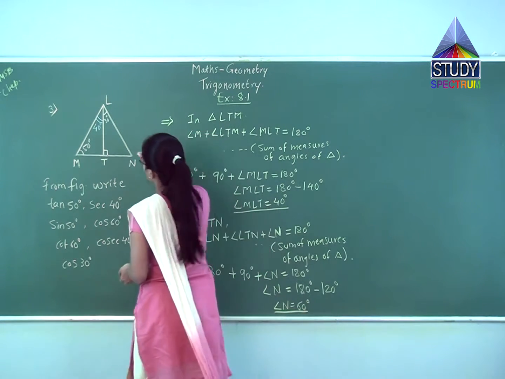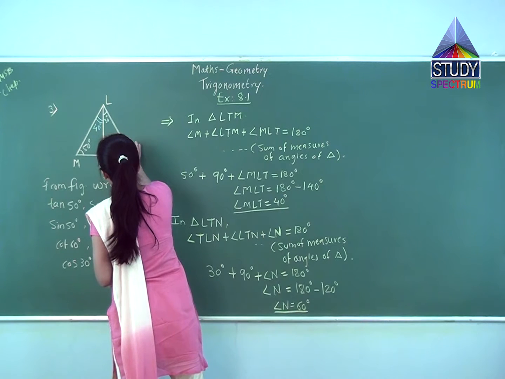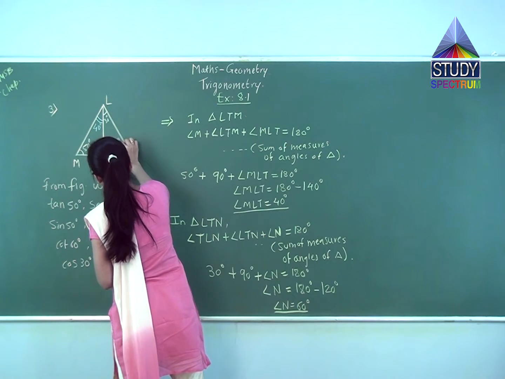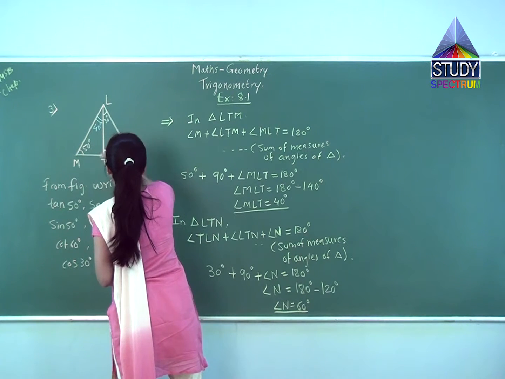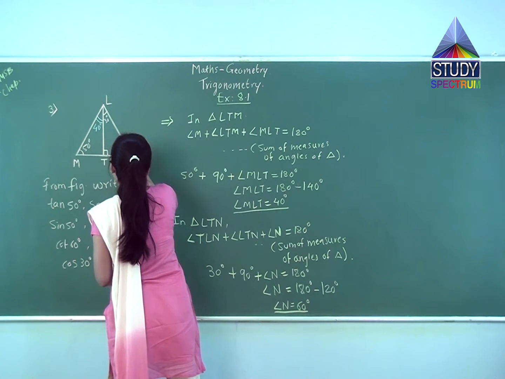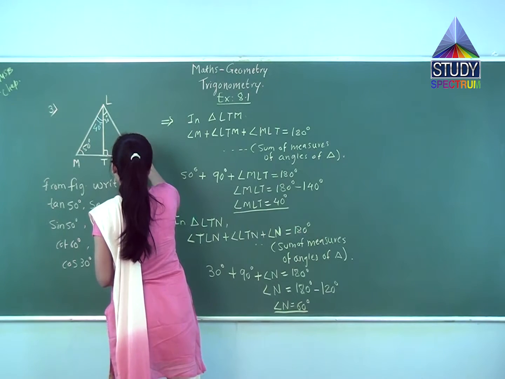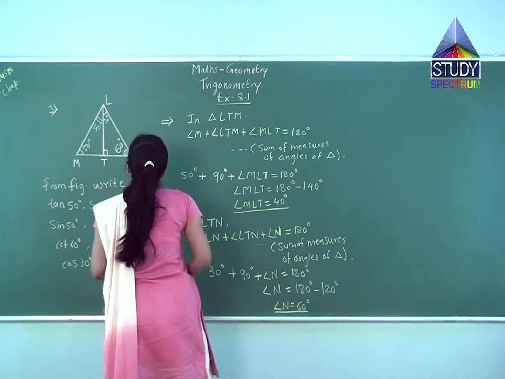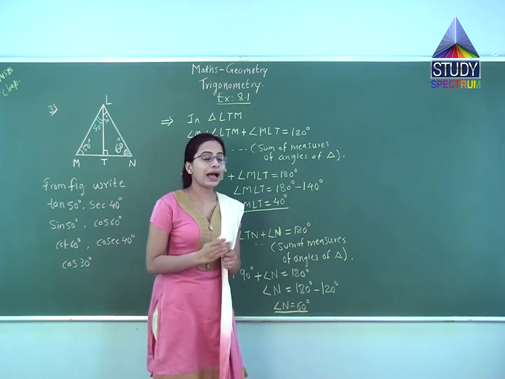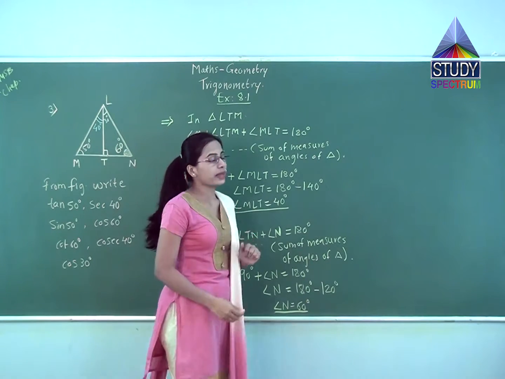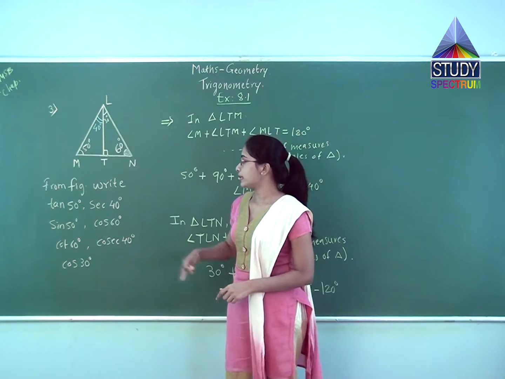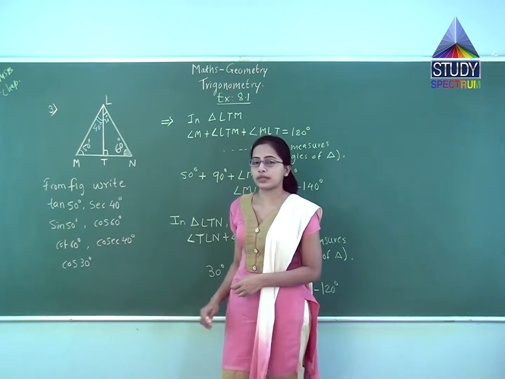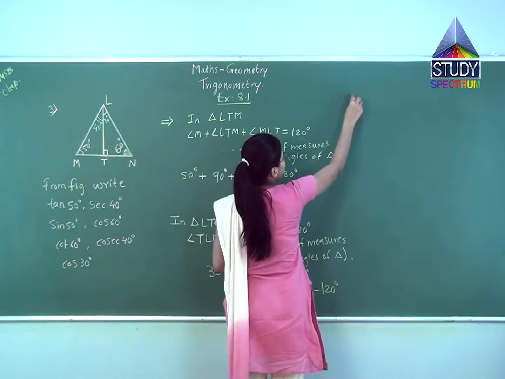So I will write it here. Now we have all the measures of the angles, you can see in the figure. So now we will actually write the ratios. So let's start writing.